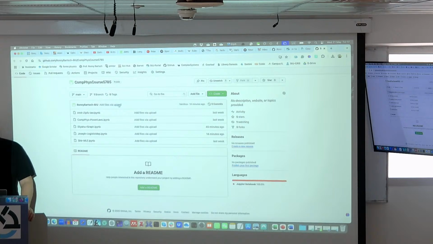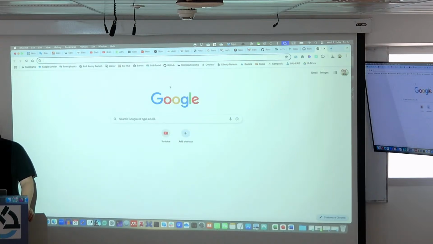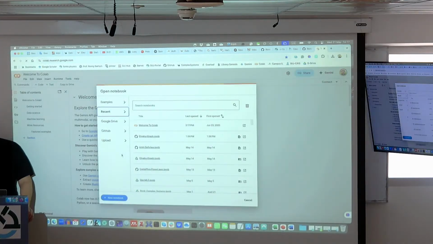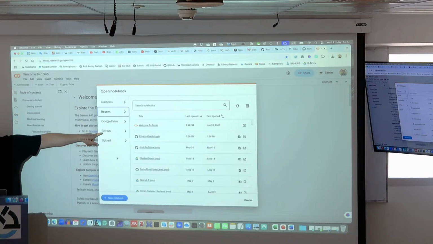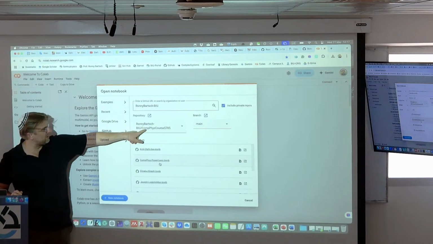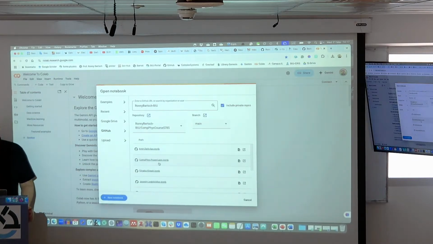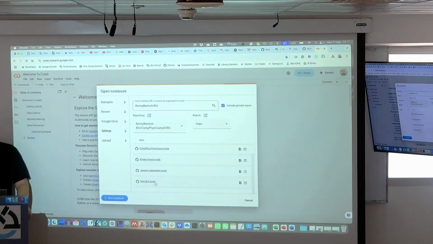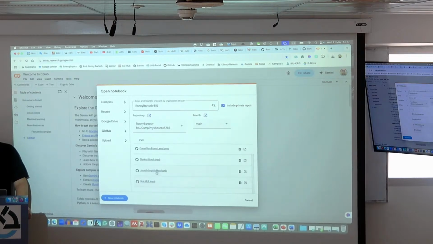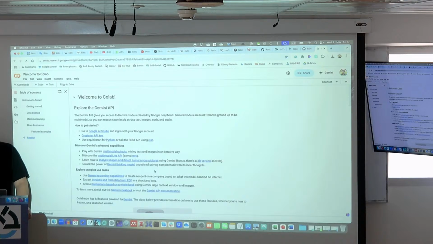And the nice thing is now that you can just go to Colab, and you say here GitHub, okay? If you make a link to our repository, then you have all these notebooks here, and you can just open them. So for example, today we talk about the logistic map, so I just open it now, the logistic map.